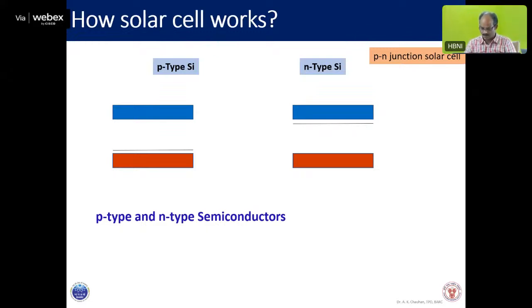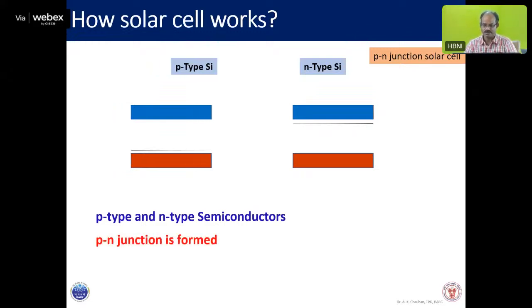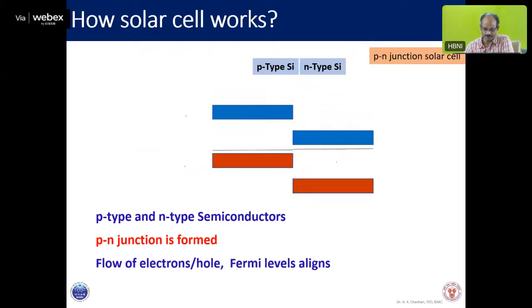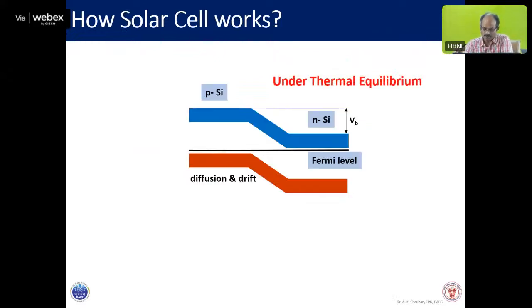Now what happens when we join them together? We saw yesterday also. You see there is a difference between the Fermi levels now. There cannot be an abrupt change in these energies, so the first thing is that the Fermi level has to align. For this alignment, the electrons and holes move from one side to the other, and after some time a thermal equilibrium is obtained, as we saw in yesterday's lecture or the day before's lectures.